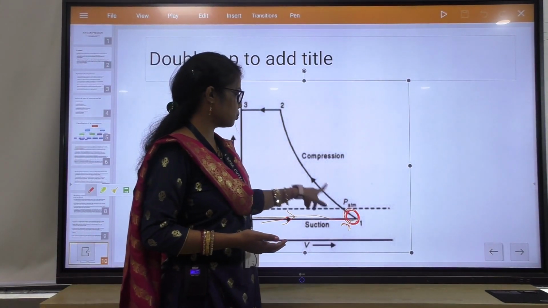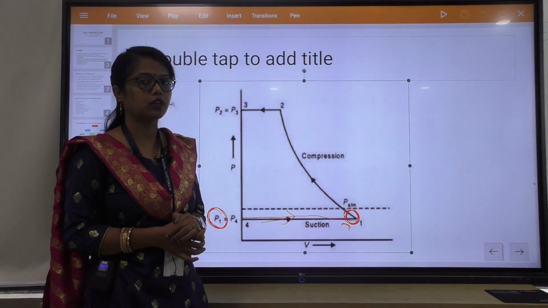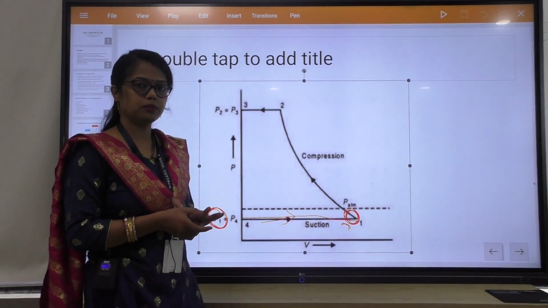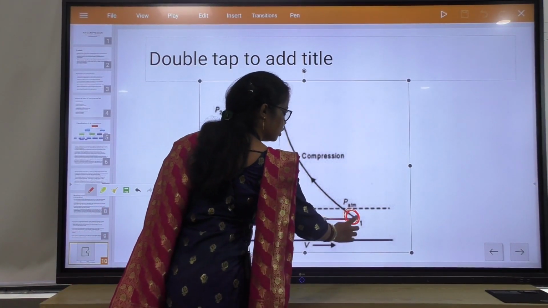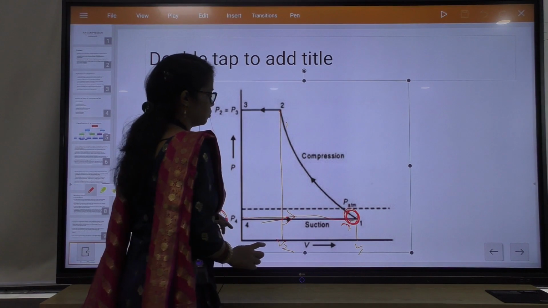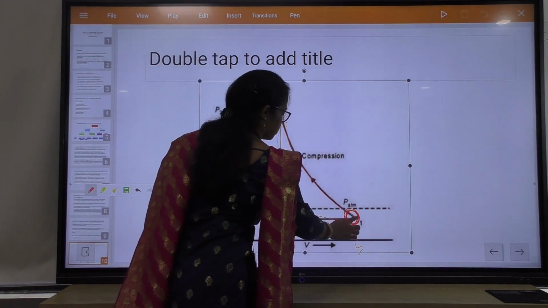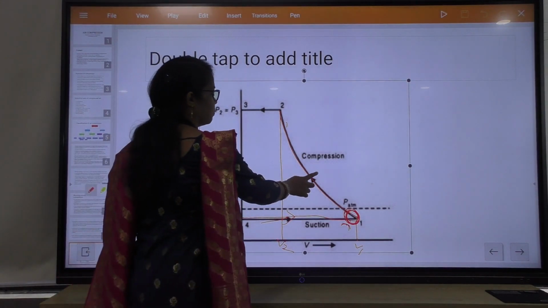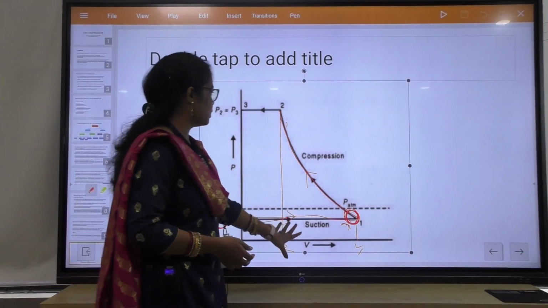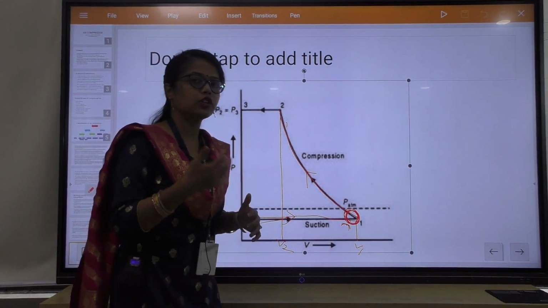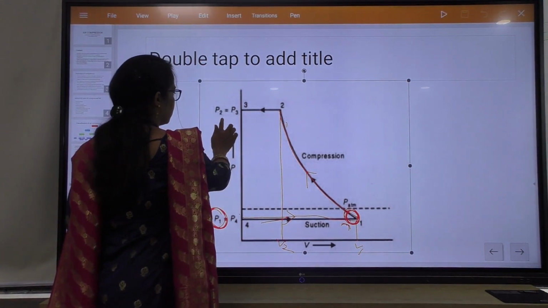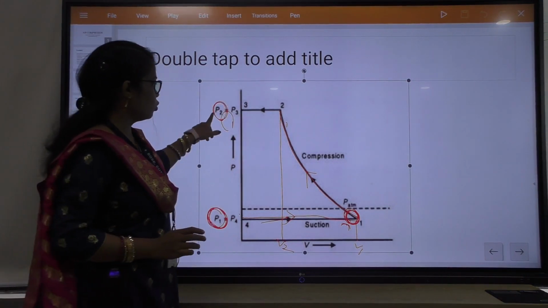You know that this is an isentropic compression process, and during it the volume decreases, from volume V1 up to volume V2, clear. 1 to 2 is the compression process, and during this process the volume decreases because the piston is compressing the air, and the pressure increases. Up to which pressure? P1 to P2 pressure, clear.